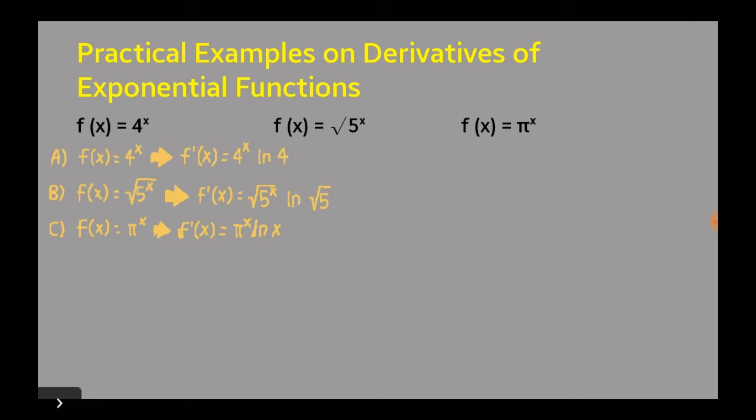Then f of x equals root of 5 to the power of x, so f prime x is root of 5 to the power of x ln root of 5. Then f of x equals pi to the power of x, so f derivative at x is pi to the power of x ln pi.